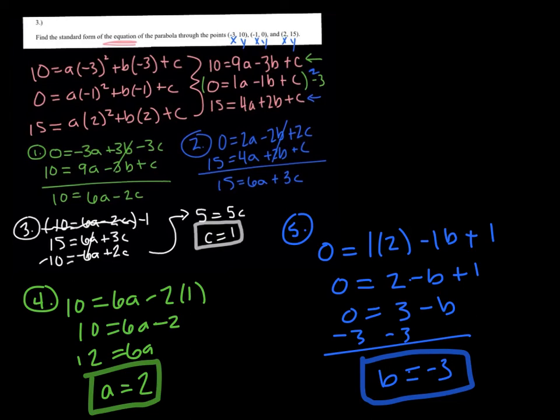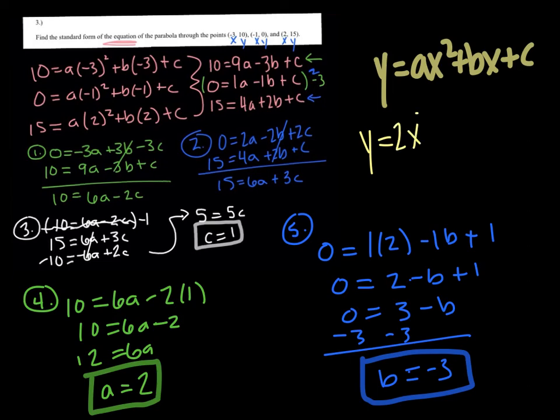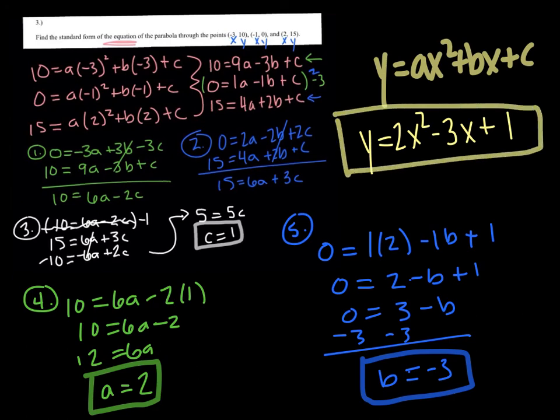Our equation, remember, in standard form is y equals ax squared plus bx plus c, will be y equals a, which is 2, so 2x squared, plus b, so minus 3x, plus c, which is 1. And that's all there is to it.